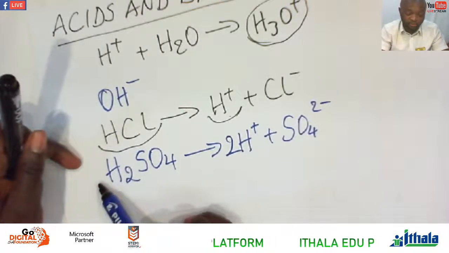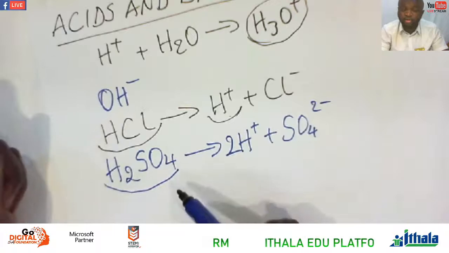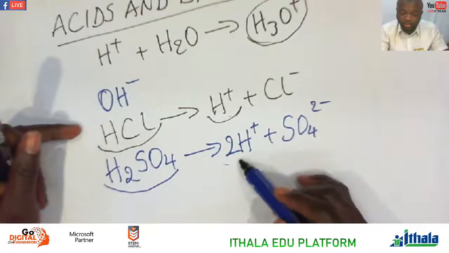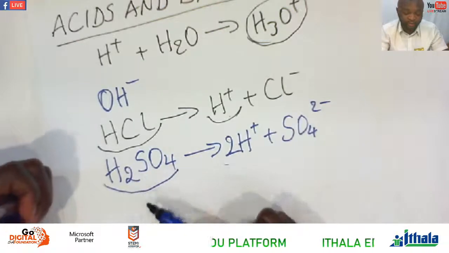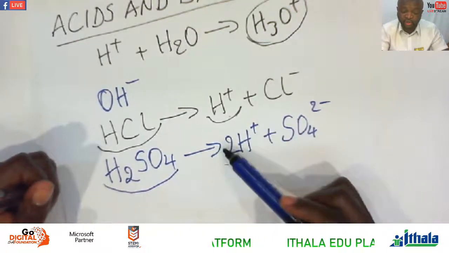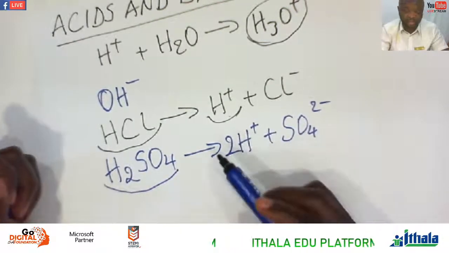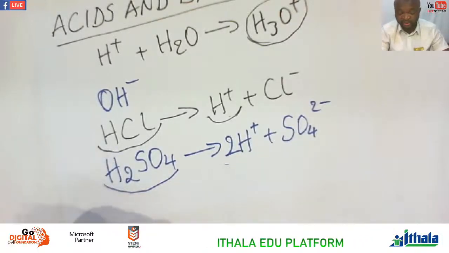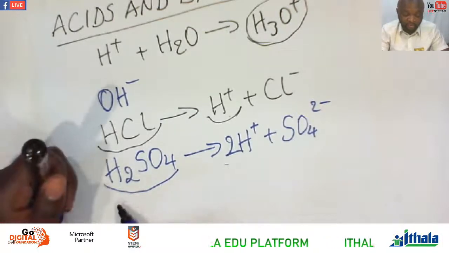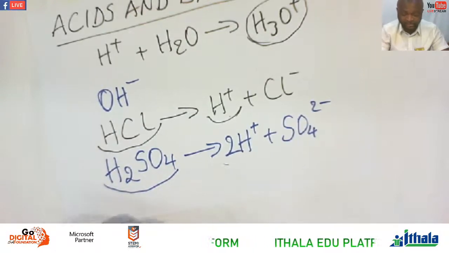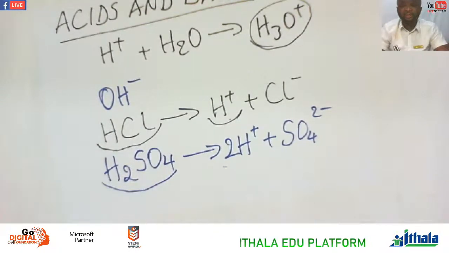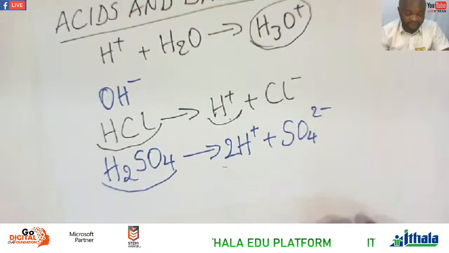So sibona ukuthi for 1 mole of H2SO4 usikhiphela 2 moles of H plus. So for 1 molecule of H2SO4 we'll have what? 2 hydrogen ions. So that one is a diprotic acid. Mokishwa hydrogen now 3, that will be what? A triprotic acid.